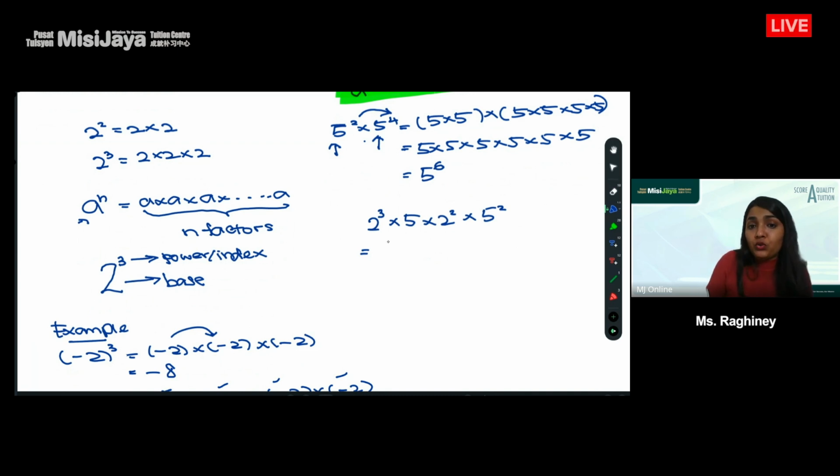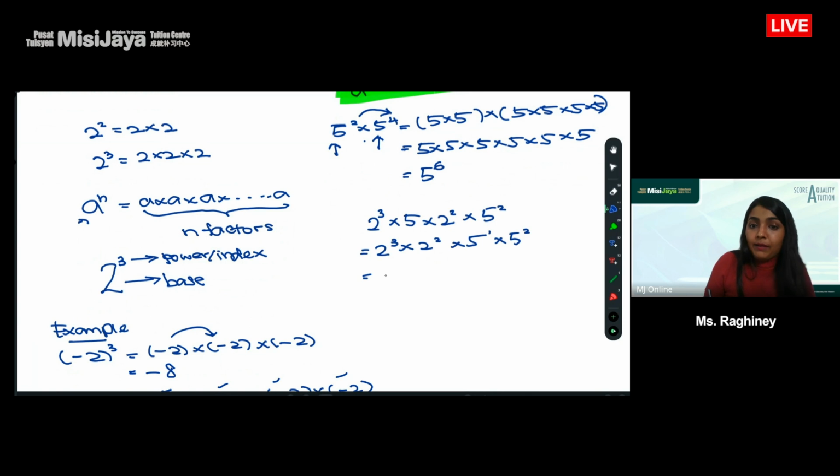Okay, let's put the 2s together first. 2 to the power of 3 times 2 to the power of 2 times 5 to the power of, there's no power, which means it's actually 1, times 5 to the power of 2. So what do we do now? The base is the same. So what can we do with the power?